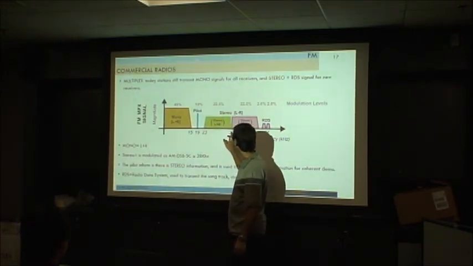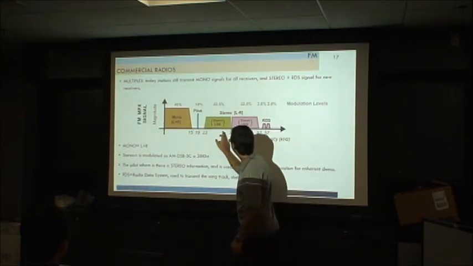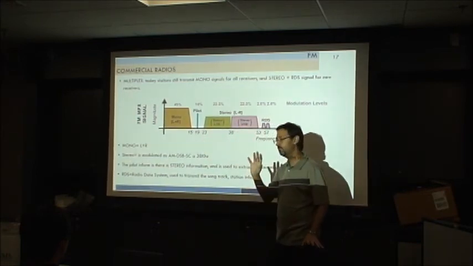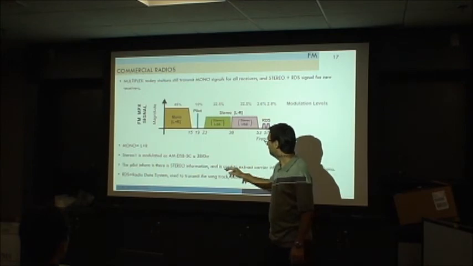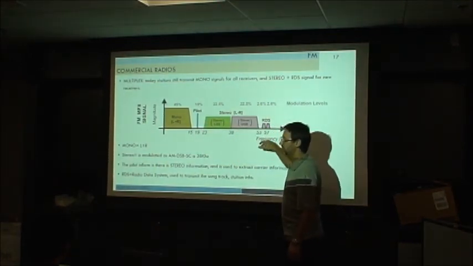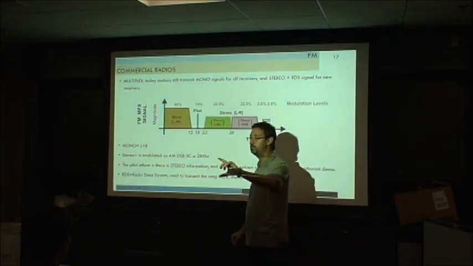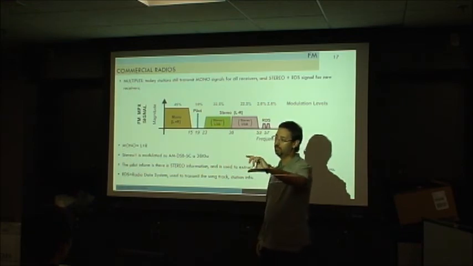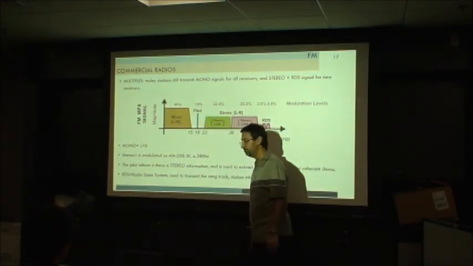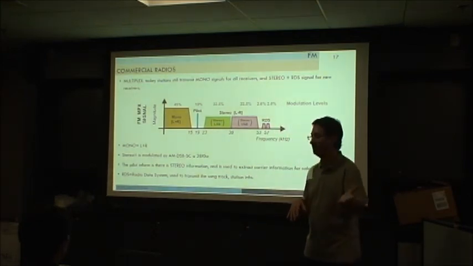This tone is the double of this one. And this guy is the double of this one, three times of this one. So just to give you an idea that all these frequencies are recovered from here. And this one is what you see on the display of the radio that says what song is playing or what is the name of the radio. This is the radio data system that some radios have, not all radios have it.